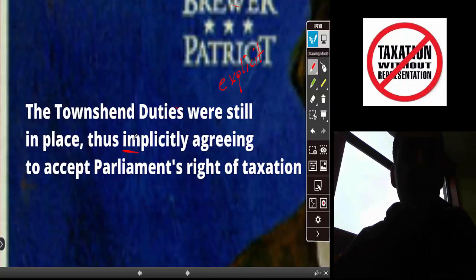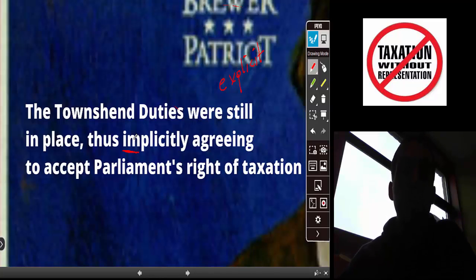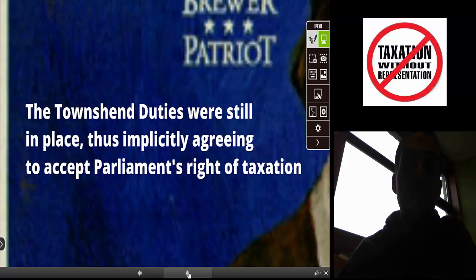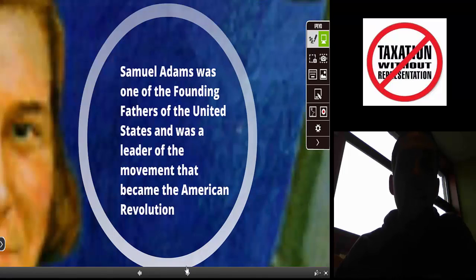So what this means is that even without coming out and saying that they agreed with their right to tax the colonists without representation, it did imply that they did, because they went ahead and did it anyway. Okay? And please feel free to pause at any point if you need to take notes and catch up, okay? I'll be right here when you get back.